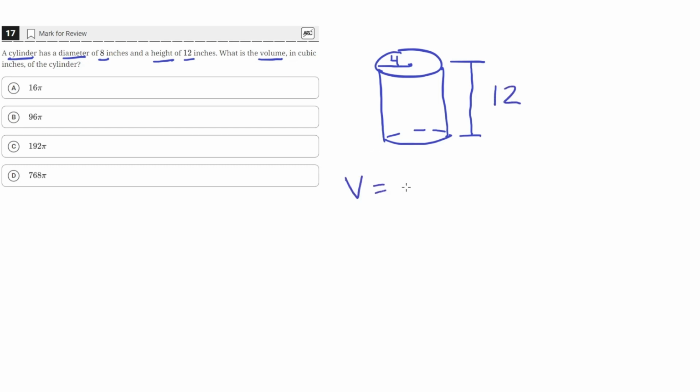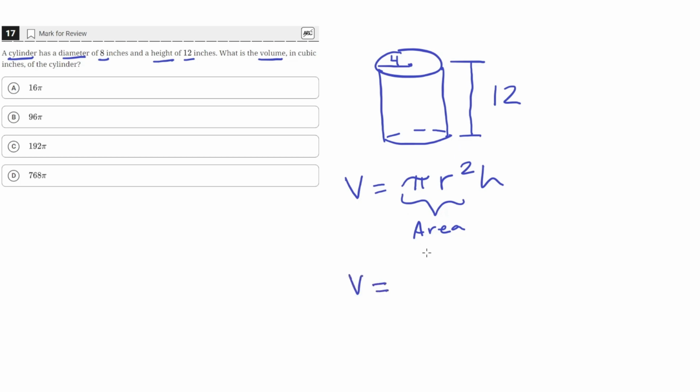So then we can just use the formula for the volume of a cylinder, which is pi r squared times the height. This part right here, the pi r squared, is just the area of the circle on top, and then we multiply it by the height, which is kind of like stacking a bunch of small circles or discs for this much height, which gives us the volume of this cylinder.